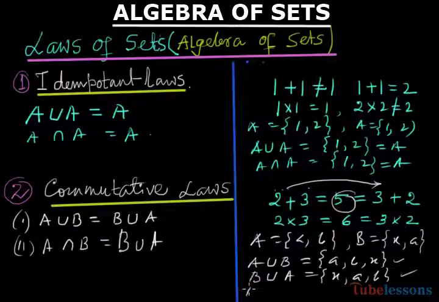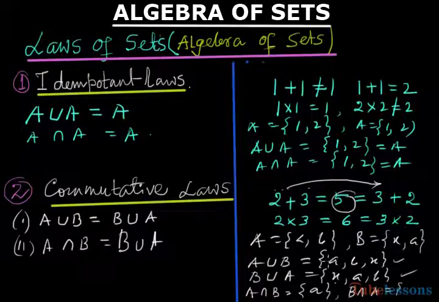A intersection B, intersection means the common element, and that common element is a. And B intersection A is also a, since they are equal. So A union B is equal to B union A, and A intersection B is equal to B intersection A.